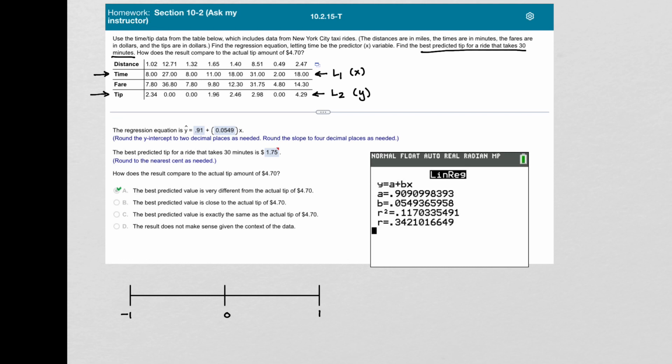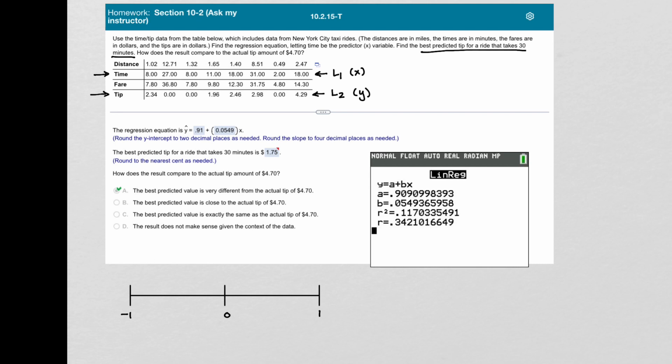So we've got that value. Now it says, what's the best predicted tip for a ride that takes 30 minutes? And in this problem, we are not going to use that regression equation. And the reason why is the correlation coefficient is very small.